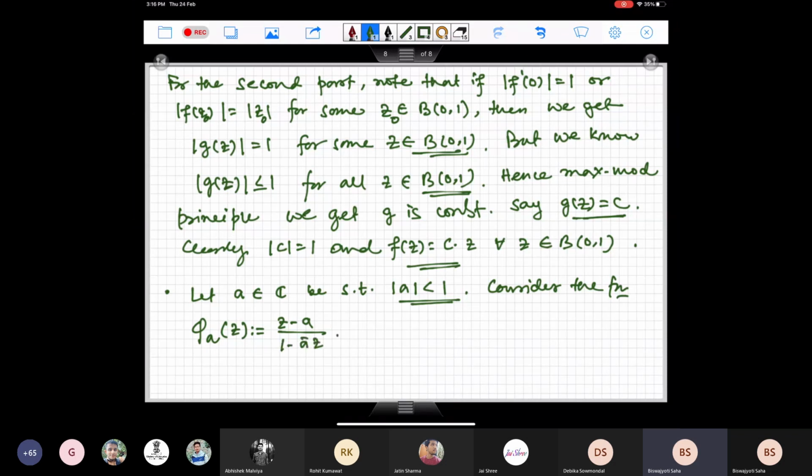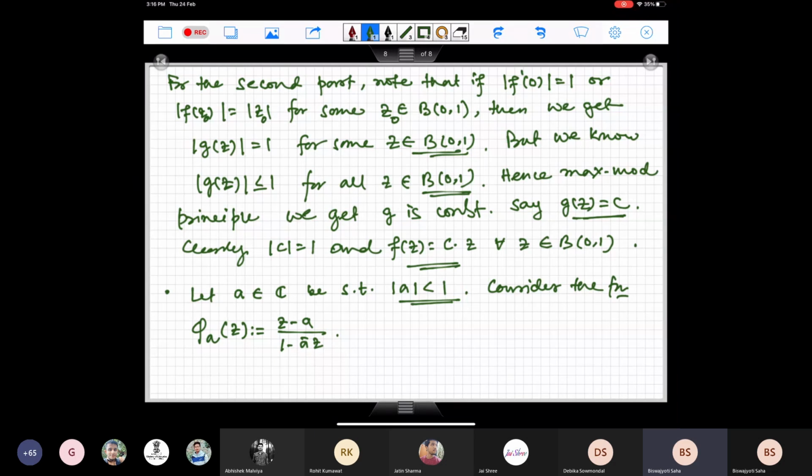So this is the function which I take. So z minus a is to ensure that my function vanishes at a, and you will soon see that this denominator that I have put is to ensure that the unit ball gets mapped to the unit ball only. Okay, so this is what we are going to see.